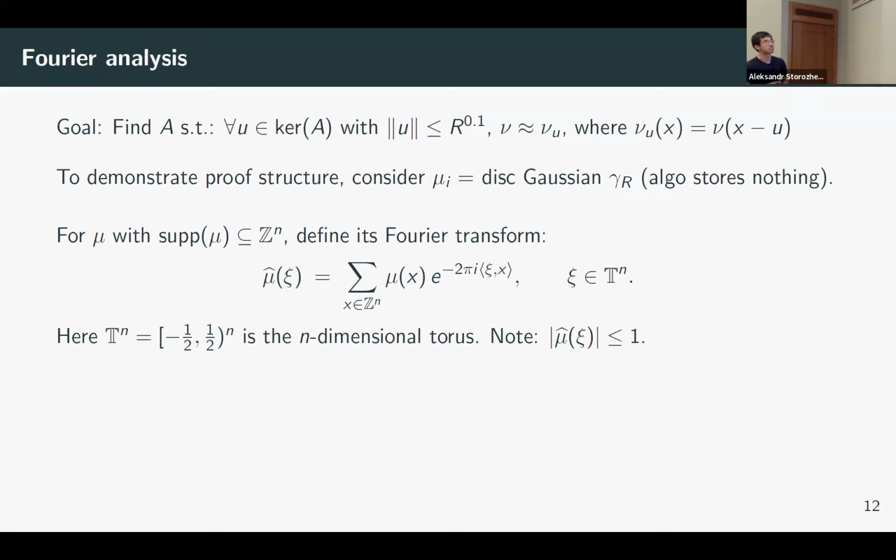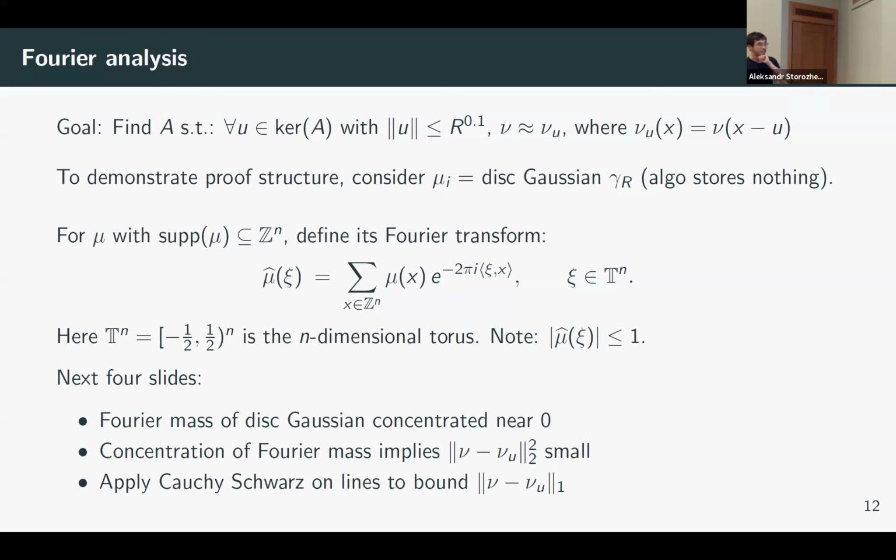Because 2 pi is put in here, the Fourier transform is periodic with period 1 in every coordinate. So the variable psi vector is from the n-dimensional torus. Also note that when mu is a distribution, this Fourier transform is bounded by 1 in magnitude.